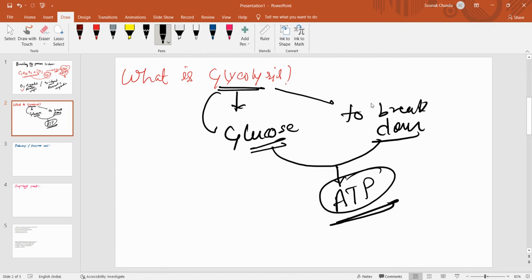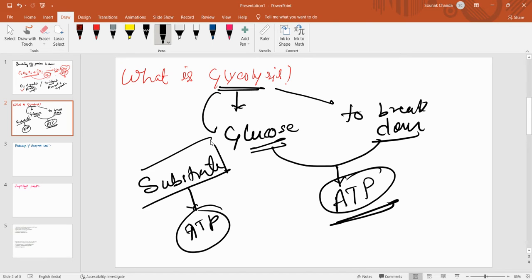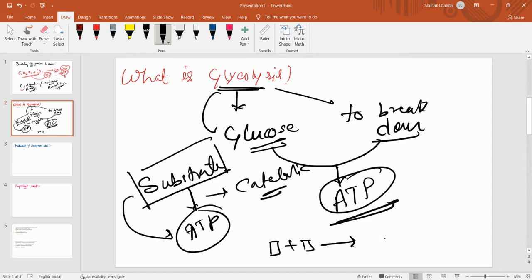So this is a catabolic process. Now, what are catabolic and anabolic reactions? If we break down any kind of molecule or substrate, for example to gain ATP, that is known as a catabolic reaction. In contrast, if we rearrange and combine small pieces of molecules to form a huge molecule, that is an anabolic reaction.